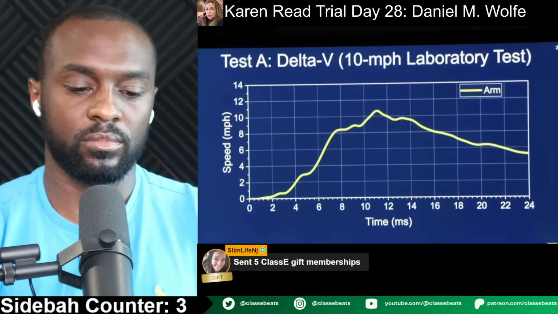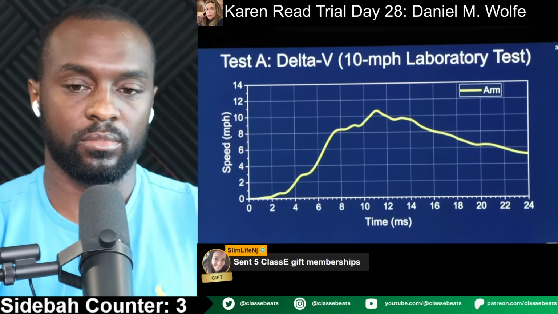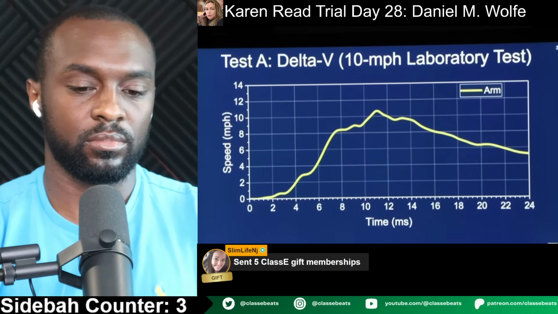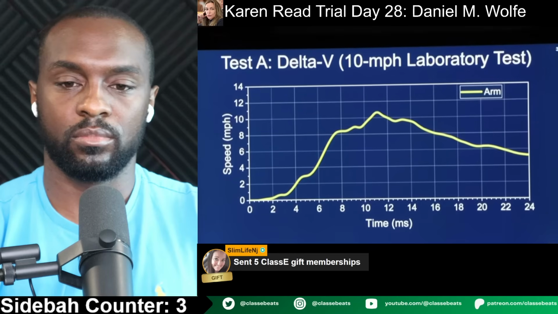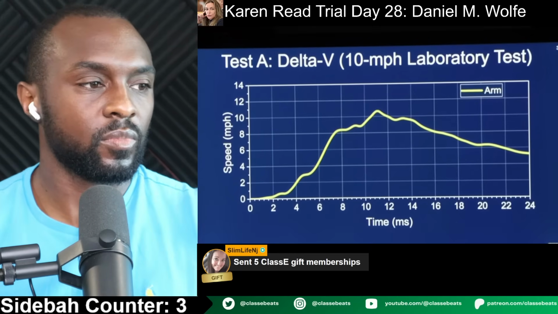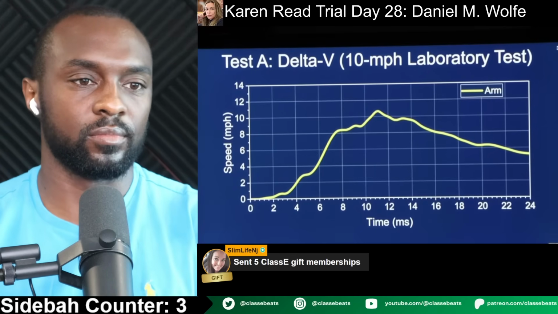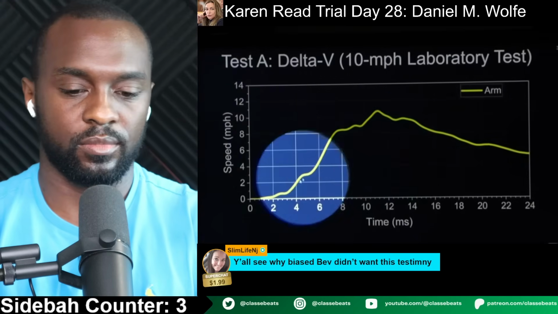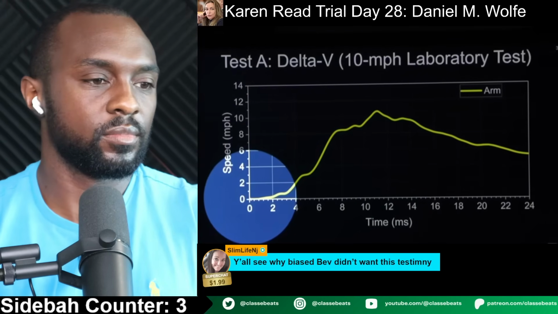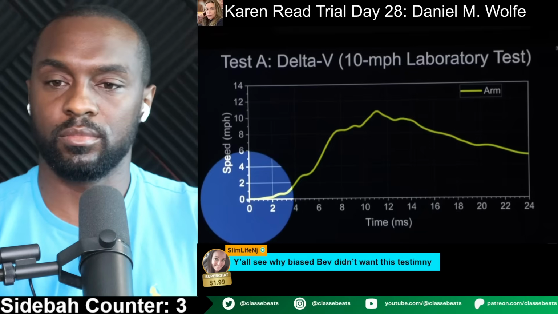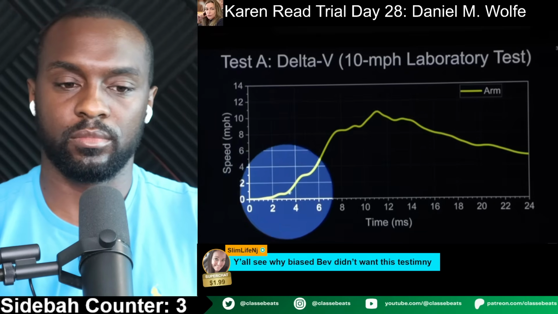What are we looking at in this slide? So this is, again, that concept that we talked about earlier, delta V. This is the change in speed. If we do some math to the previous data that we collected, it's a technique called integration, where we can add up all of that acceleration to determine what speed the arm got up to. When we do that calculation to this data, what we see is that initially at the impact, the arm's at rest, Newton's first law, and then we impart a force on it in terms of the tail light impacting it. It's going to cause the arm to accelerate and change its speed.